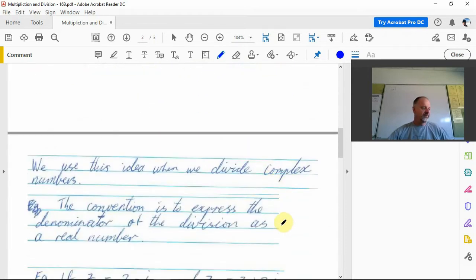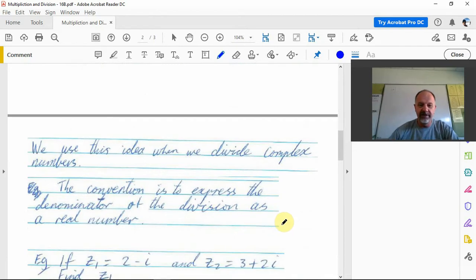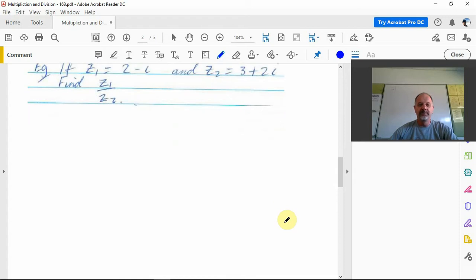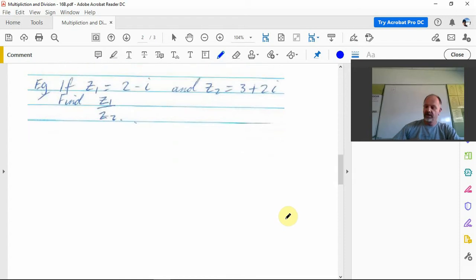The convention is to express the denominator of a division as a real number, so not as a complex number. So here's an example. Z1 is 2 minus i and Z2 is 3 plus 2i, and we want Z1 over Z2, or Z1 divided by Z2. That, of course, is 2 minus i over 3 plus 2i.